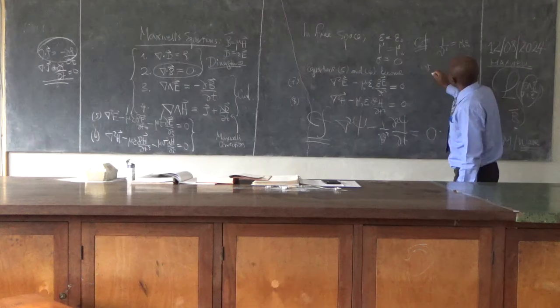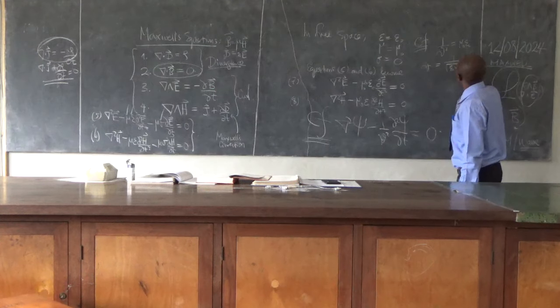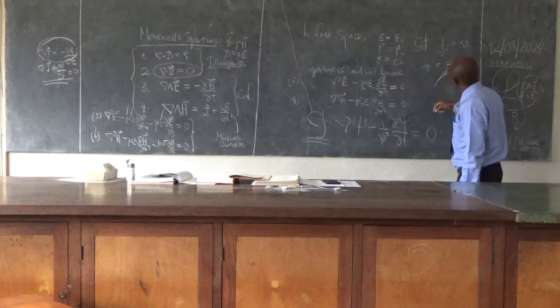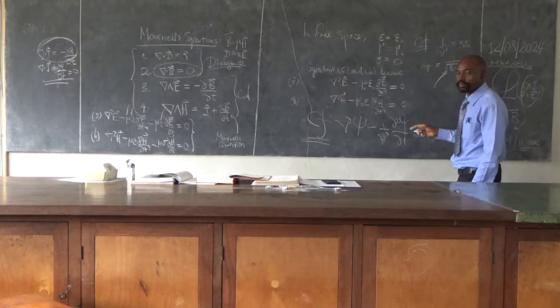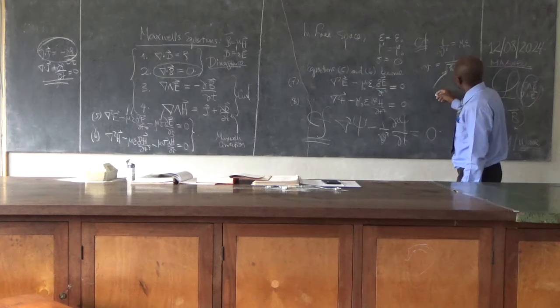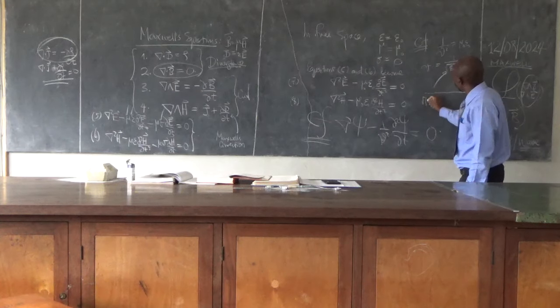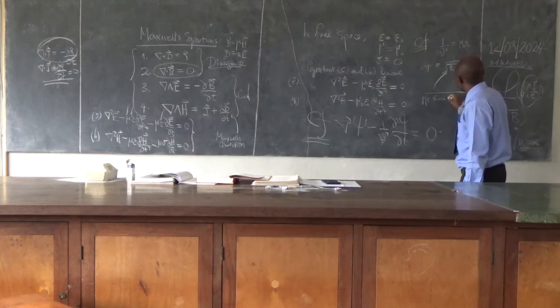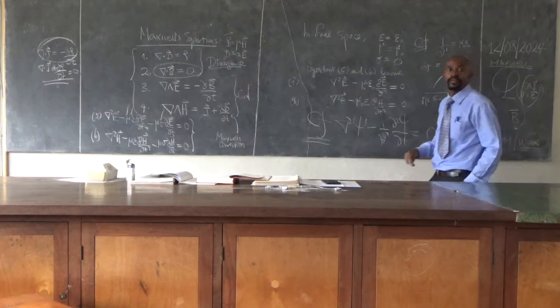So that means v would be equal to 1 over root ε₀μ₀. Can you help me, those of you who have calculators or whatever you're going to use, to see what 1 over the square root of 8.85 times 10 to the power negative 12 times 4π times 10 to the power negative 7 is going to give us?